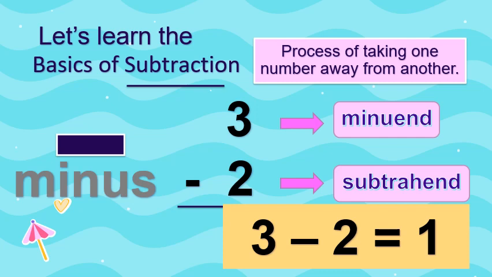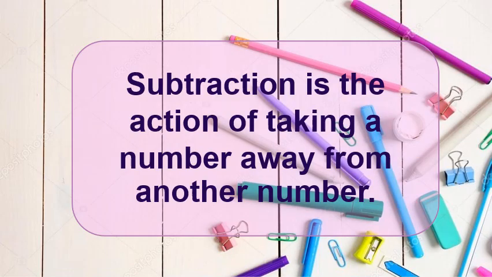In a number sentence, you can write this as 3 minus 2 equals 1. Always remember that subtraction is the action of taking a number away from another number.